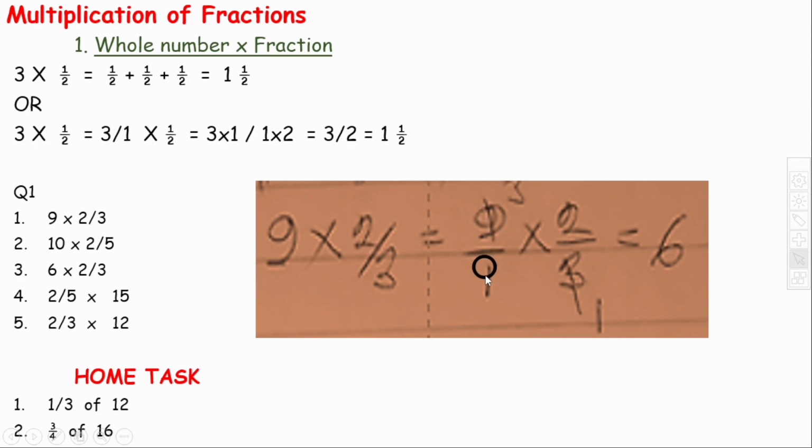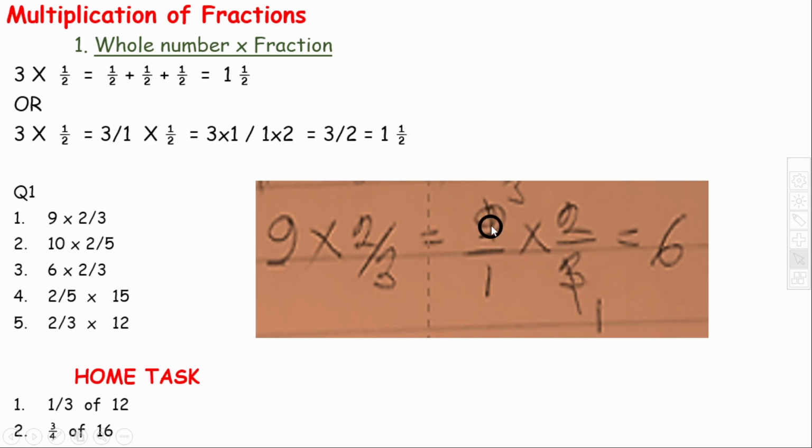So 9 all over 1 times 2 all over 3. Now it's very easy. All you have to do is multiply the numerators and multiply the denominators. But in a situation where you find out that a number below has a common factor with the number that is above, you can do a division.